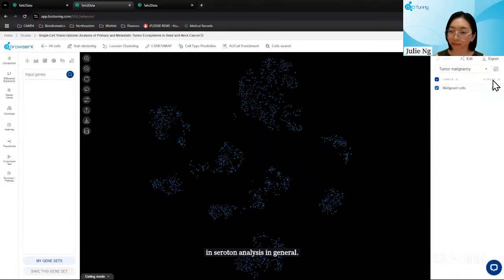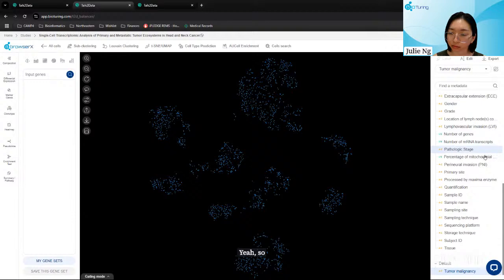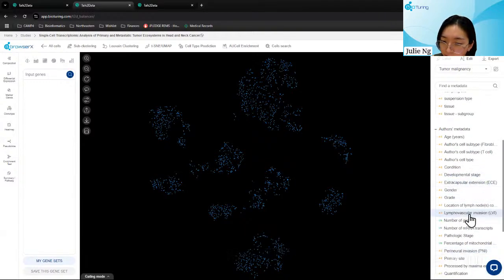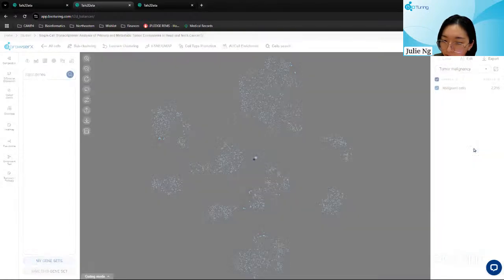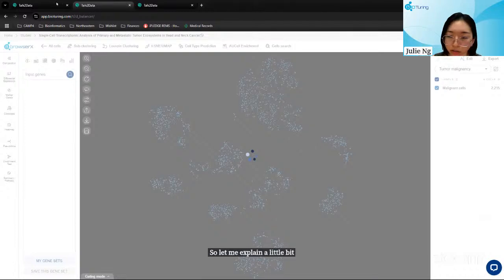Okay. So if I want to look at the graph by the stages of the cancer progression, pathologic stage. Let me explain a little bit about what these annotations mean.